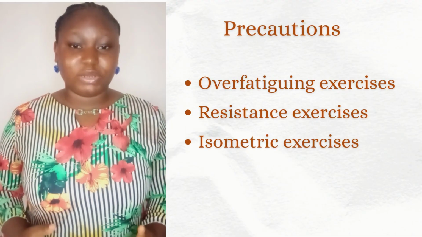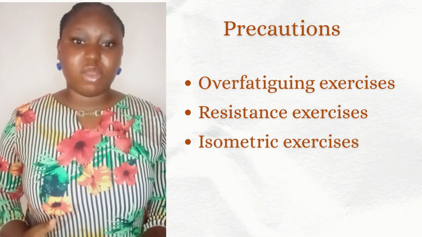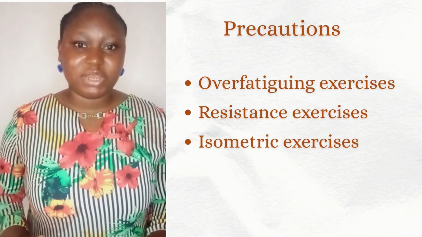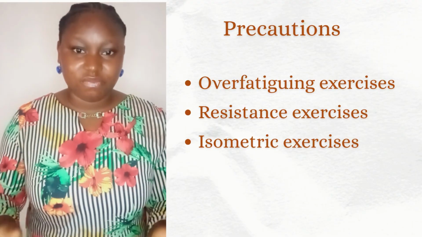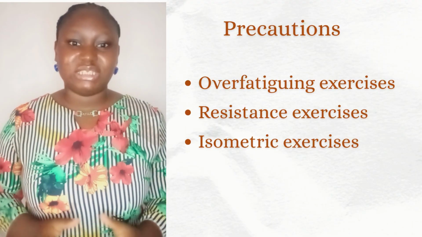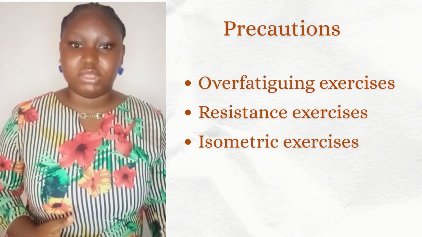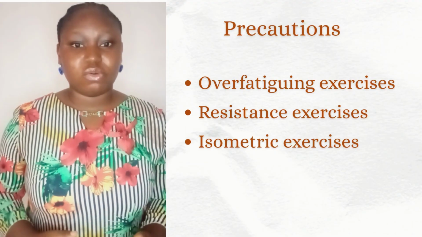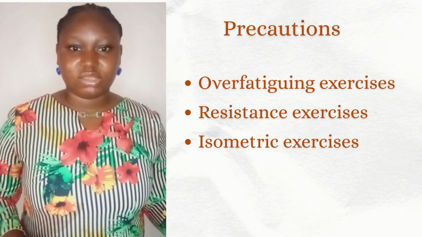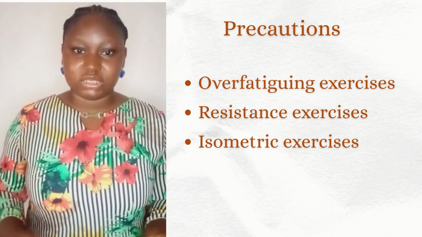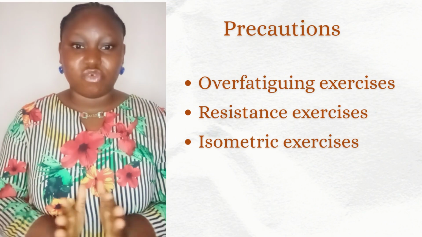Of course, we want to strengthen their muscles, but more of what we are working towards is endurance, ensuring that these muscles can actually carry them through their normal daily living. So you do not want to do resistance and increase the progression of the disease. Then also we do not want to do isometric exercises. Isometric exercises, just like resistance exercises, increase the progression of the disease. So those are the things we avoid during treatment.